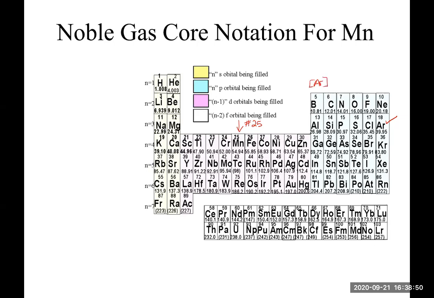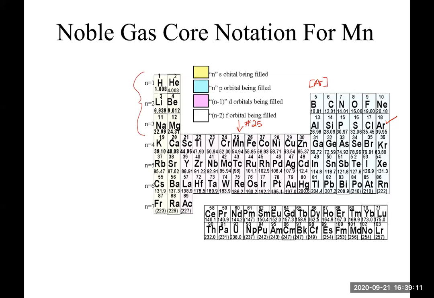And the argon in those brackets means literally 1s2, 2s2, 2p6, 3s2, and 3p6. So we have written the whole electron configuration all the way through here for argon.